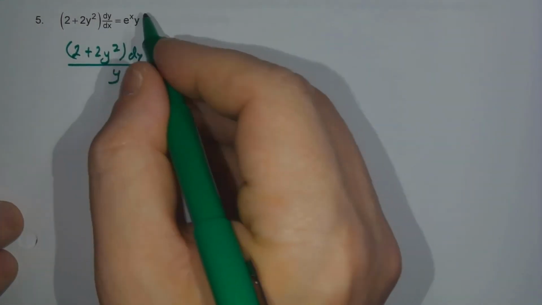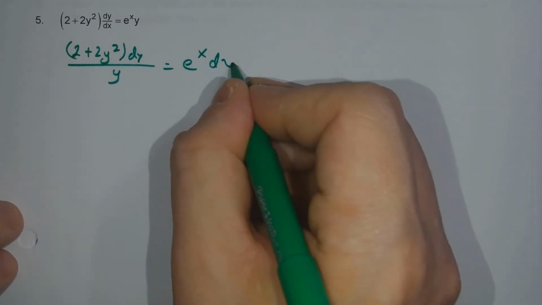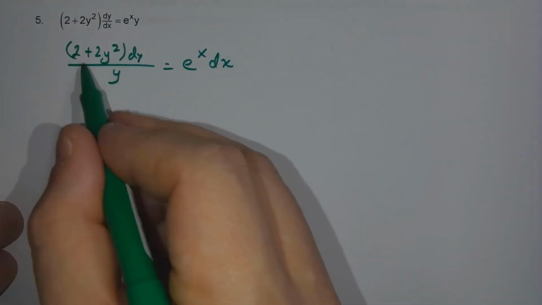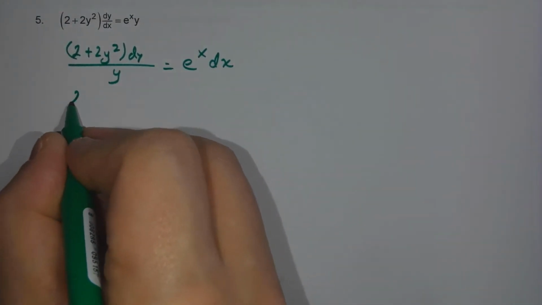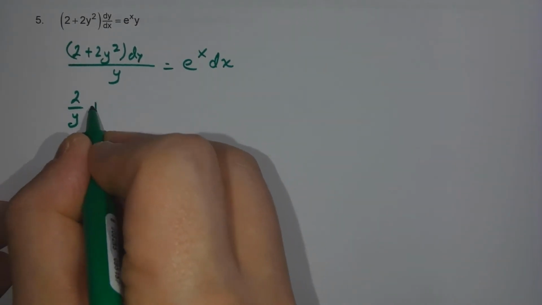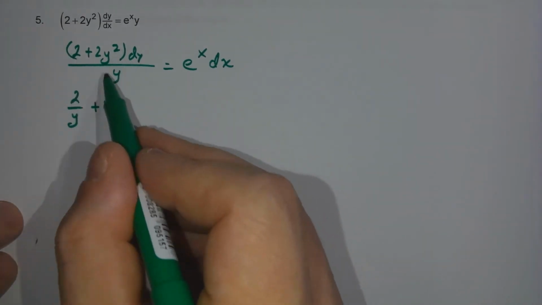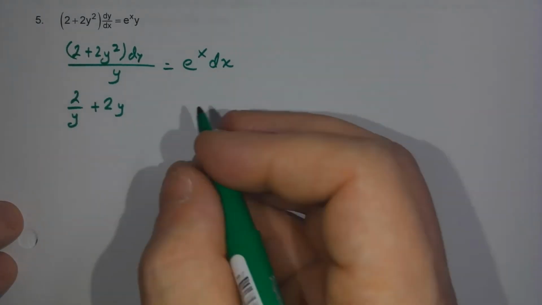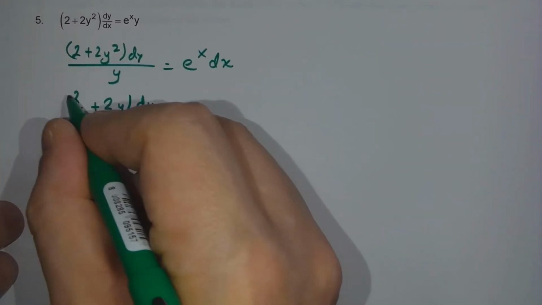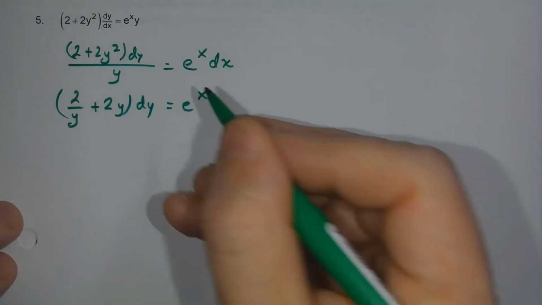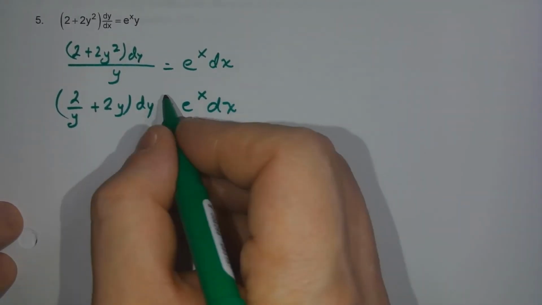And then over here we'd have e to the x dx. Notice on the left-hand side, this is equivalent to 2 over y plus 2y, dividing the y through on the 2 plus 2y squared dy, and that's equal to e to the x dx.